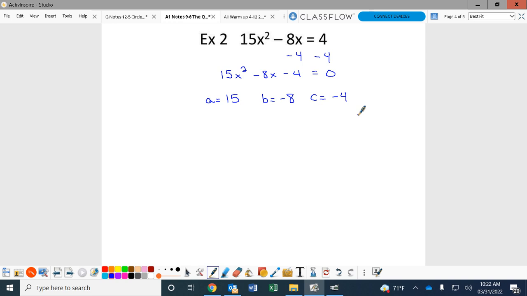Okay, now that we have our A, B, and C, we're going to have to go through and plug it into our formula. It always starts the same.